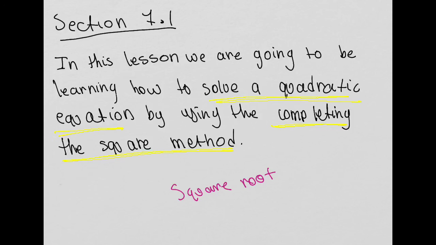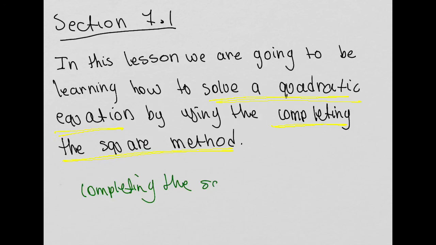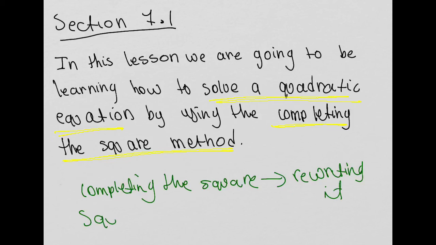Let's say completing the square is rewriting the equation. Yeah, let's write that down. Completing the square is rewriting it. You are rewriting it. Okay? And then you use the square root method to solve it.